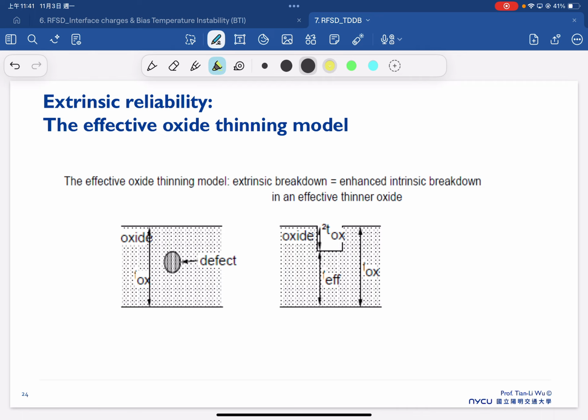One of the popular models is this effective oxide thinning model, where once we consider there's a defect here, then your equilibrium oxide thickness becomes thinner. So your T effective will be equal to T_ox minus T_defect.